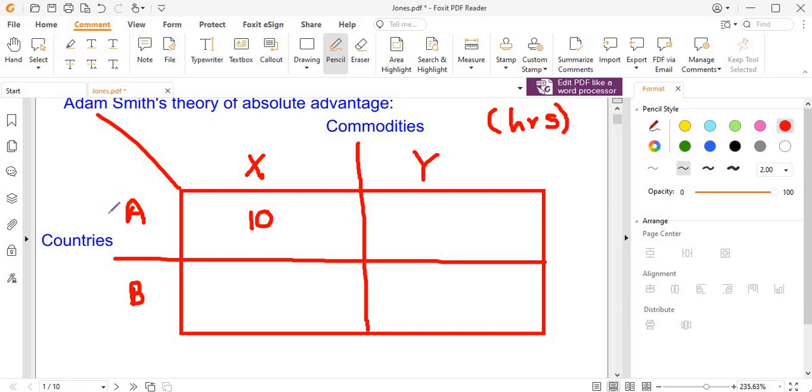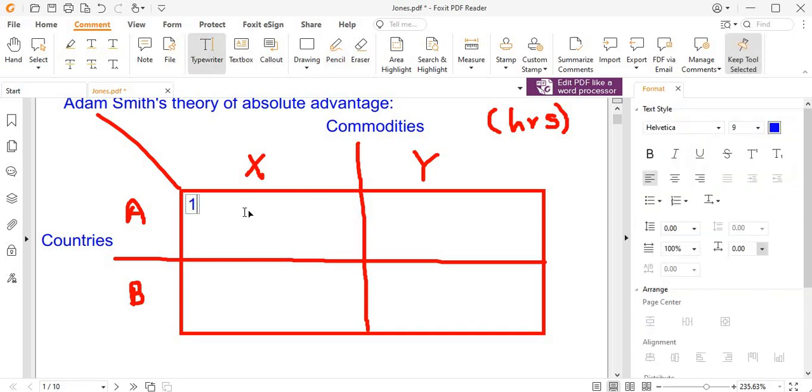So there are people in A, and each person, this is one interpretation. I'm going to be using different colors. So this is one interpretation. So one person, let me just write it, and I think it will be better if I write it here. So one person takes 10 hours to make one unit X, right?